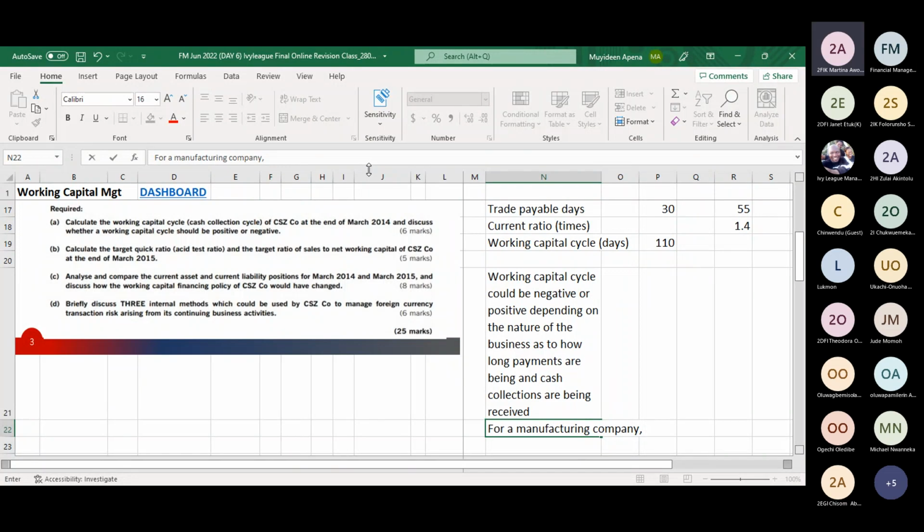So I think it should be positive in manufacturing. It should be positive. Okay.